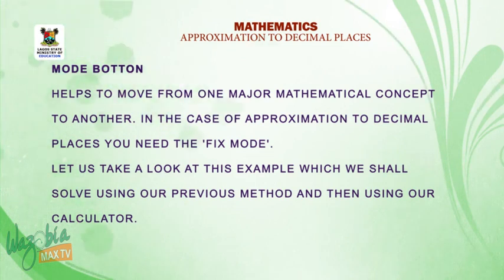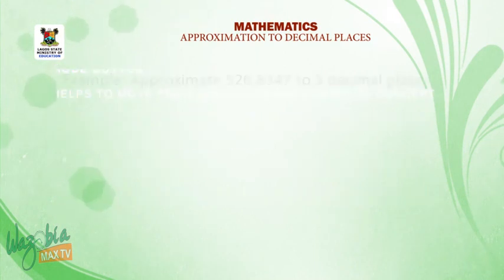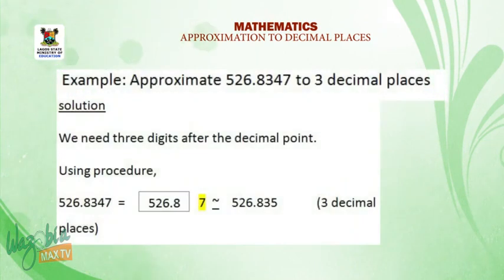Now, let us take a look at this example, which we shall solve using our previous method and then using our calculator. The example reads, approximate 526.8347 to 3 decimal places.